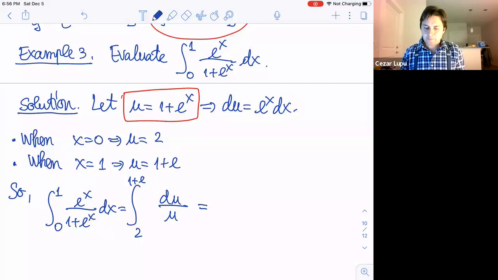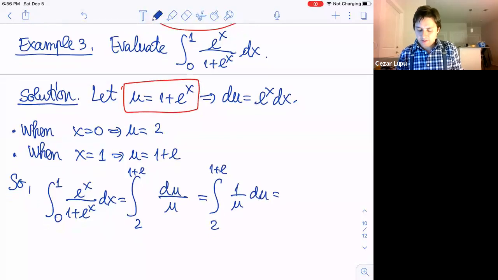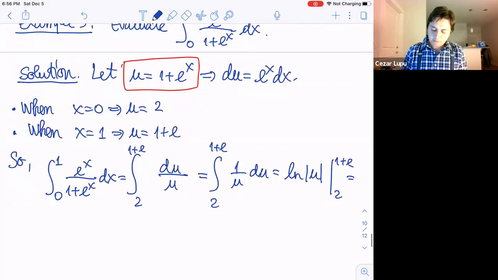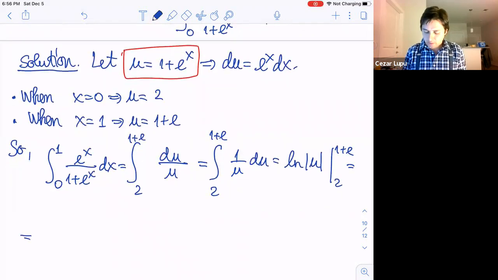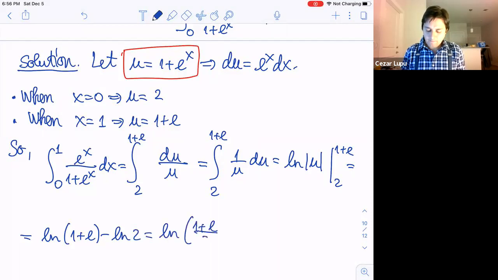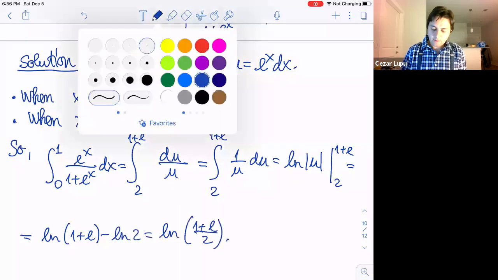Let me write it like this: the integral from 2 to 1 plus e of 1 over u du, which is nothing else, pay attention, than the natural log of the absolute value of u from 2 to 1 plus e. And now, by the fundamental theorem of calculus, this would be ln of 1 plus e minus ln of 2. So this would be ln of (1 plus e) over 2. And that's the result.